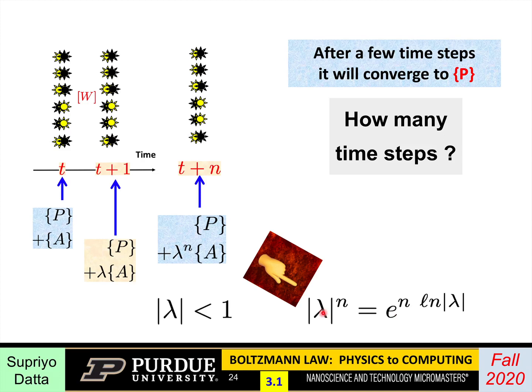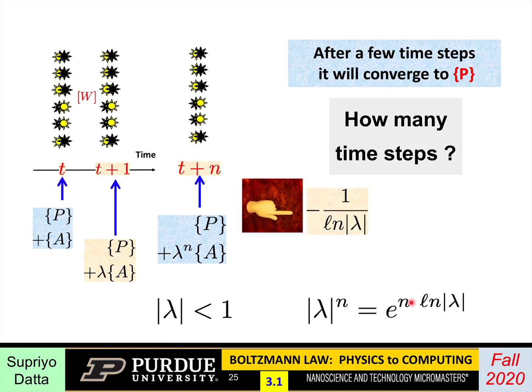What that means is that if the number of time steps n is equal to minus 1 over log lambda, then lambda to the power n would be e to the power minus 1, which means after this many time steps, this component will have decayed to 1 over e of its original value.